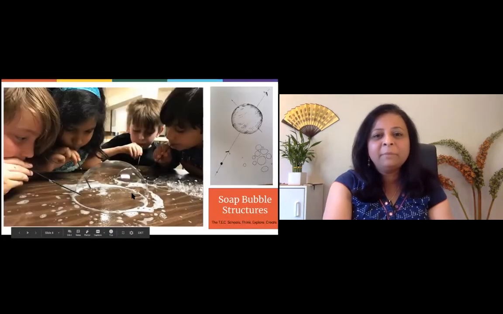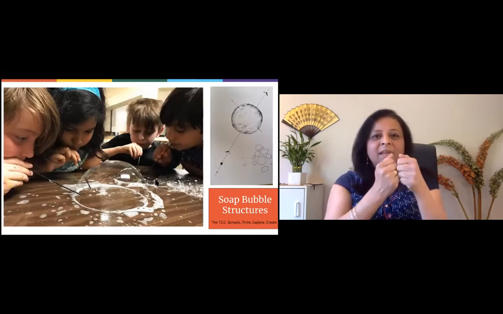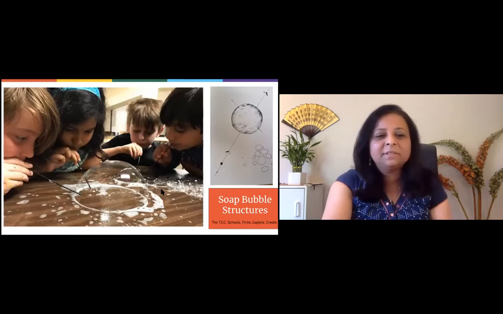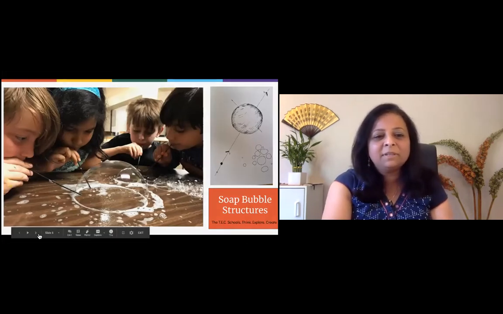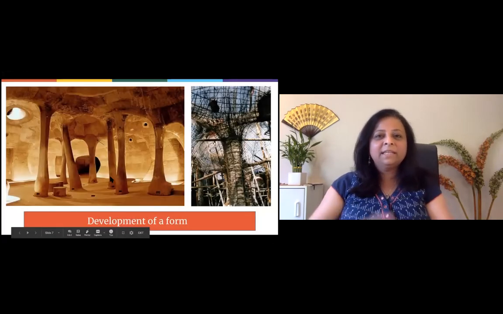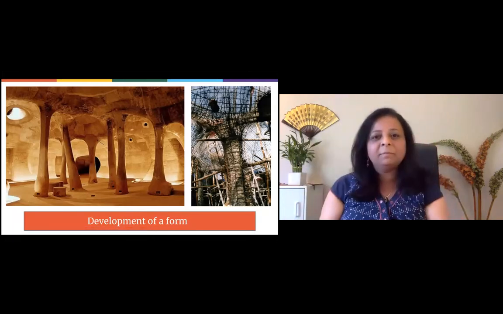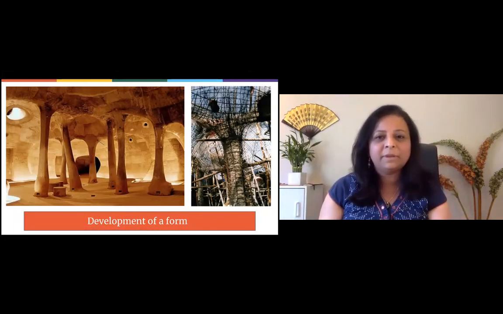And if you've ever made bubbles, you can see that the surfaces between the bubbles, they have to balance themselves. And sometimes they're vertical and sometimes not. And so you can see the shape of the columns is to take those forces down to the ground.